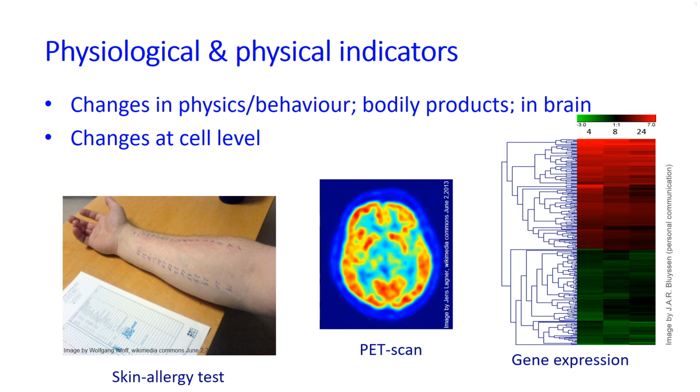And then changes in the brain, monitored for example with a positron emission tomography scan, so-called PET scan, has been used. And changes at cell level, with techniques such as gene profiling, are also showing potential as an indicator to be used.